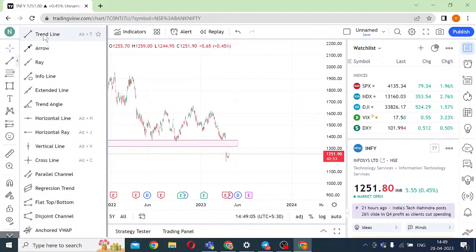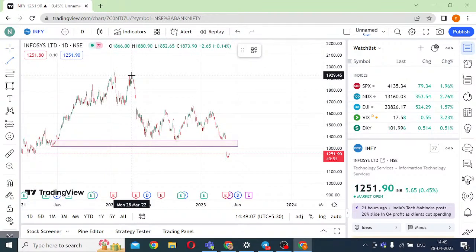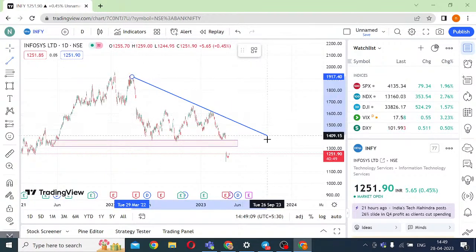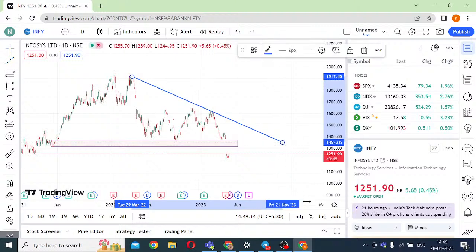In fact, if you read the commentary of Wipro also, their CEO clearly said that there are some headwinds, but client retention is not a problem. I personally feel this one can continue to trade in a narrow range, and sometime around July, more realistically, this one can actually start taking off.